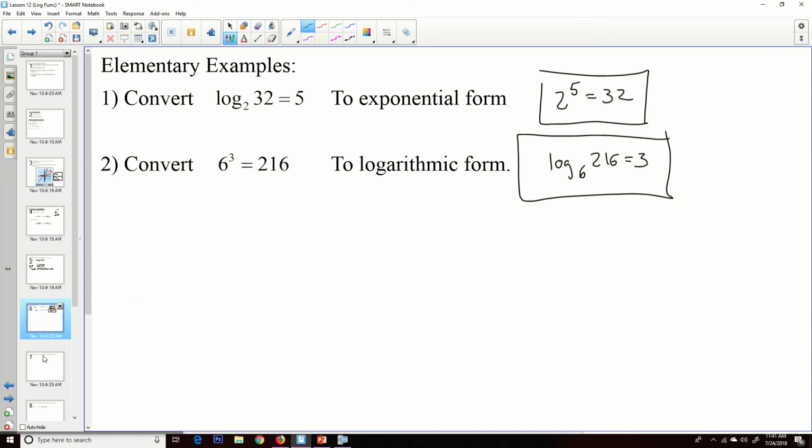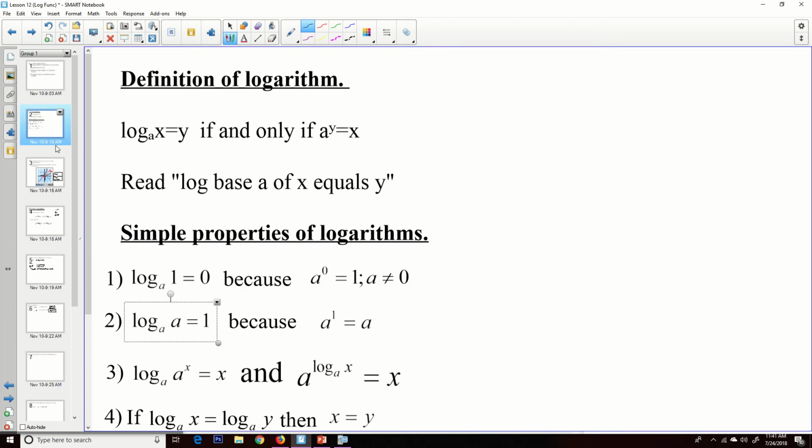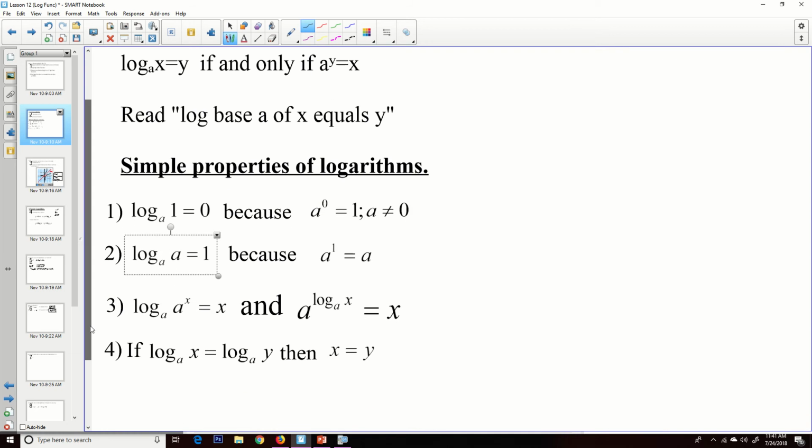Next example. Use the definition and properties of logarithms to solve. So we want to solve this thing. I come down here, I say log base 3 of 3 to the negative 5. Well, let's see, do I have one like that? Number 3 here, log base a of a to the x is equal to x. So if I have the same base and the same value, then this number is the same as that number.